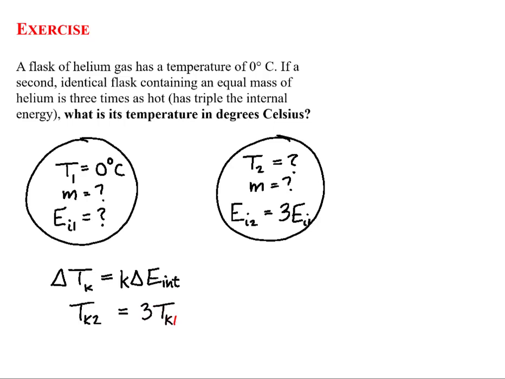Now remember, we'll need to convert from Celsius to Kelvin for the temperature of the first flask, and that conversion is given by a temperature in Kelvin is equal to a temperature in Celsius plus 273 Kelvin. So I'll just use a subscript 273 there to remind myself that's in Kelvin, but I want to continue solving this in terms of variables.